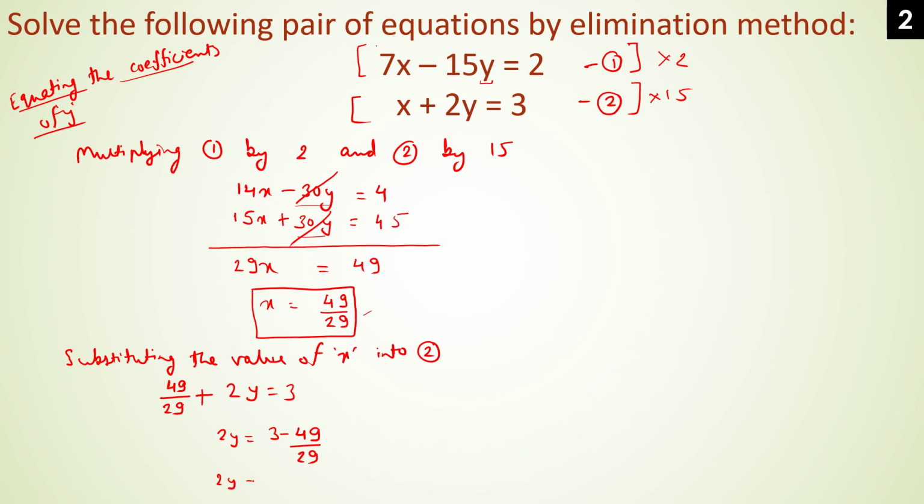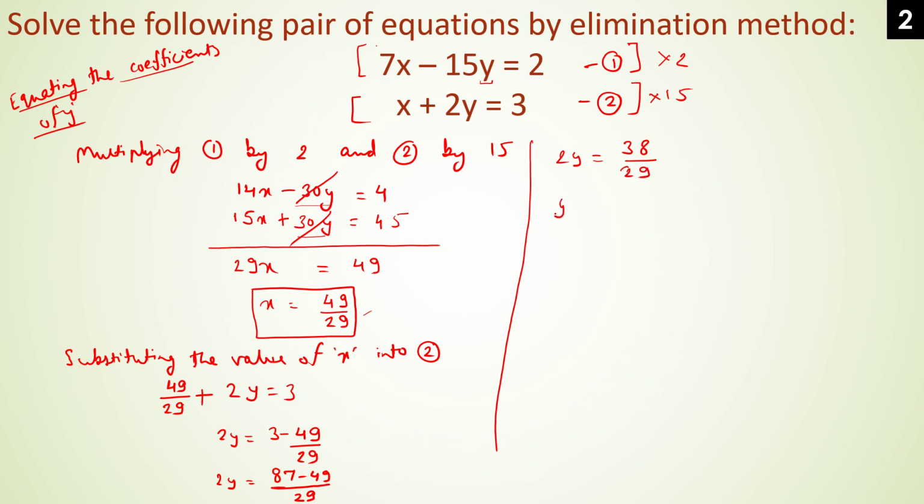So we get 2y equals 87 minus 49 by 29, and hence we get the value of 2y as 38 by 29.